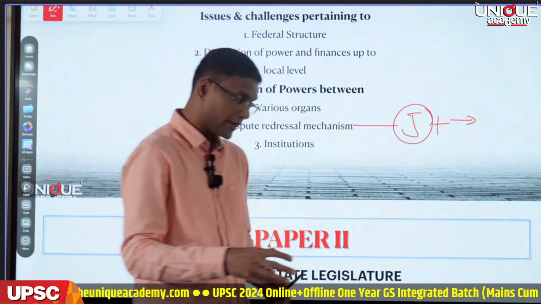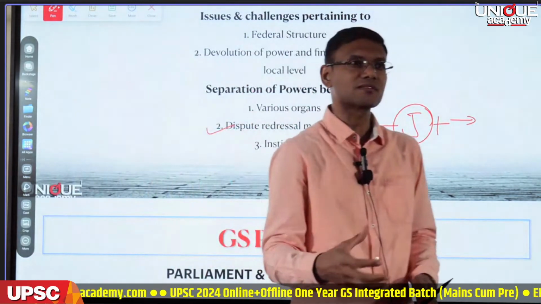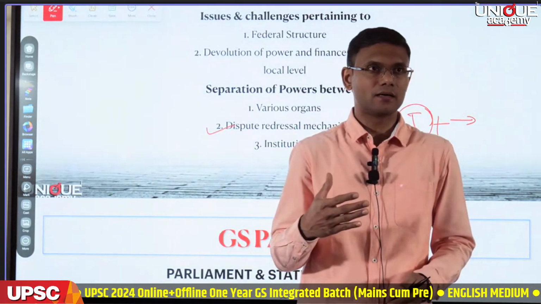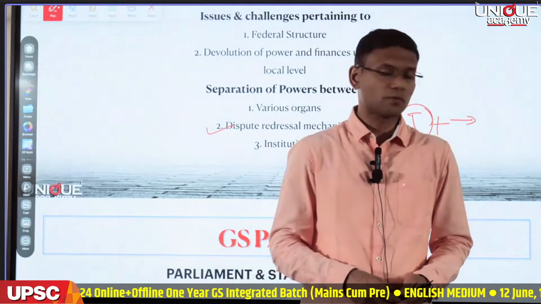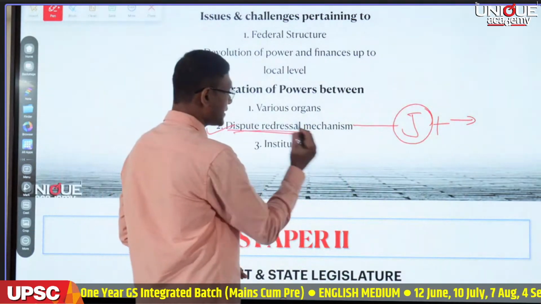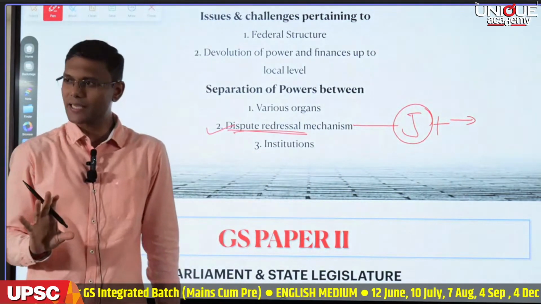So they are catalytic so far as access to justice is concerned, right? You'll find that they are doing it in the best way. So Lok Adalat is basically nothing but an alternative dispute resolution mechanism.